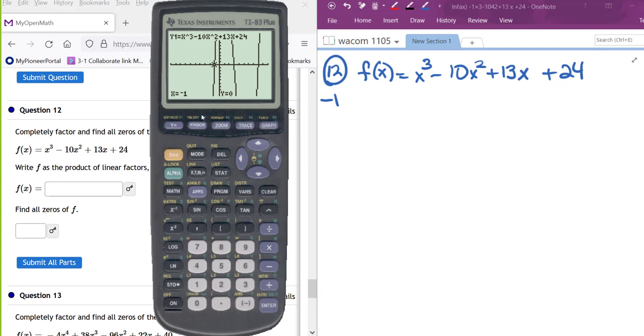Looks like a 3 also works because it's given us y equals 0. And 3, 4, 5, 6, 7, 8. And 8 is a factor of 24, so it's a possibility. So second calc value 8, enter. There we go. So we're good there.